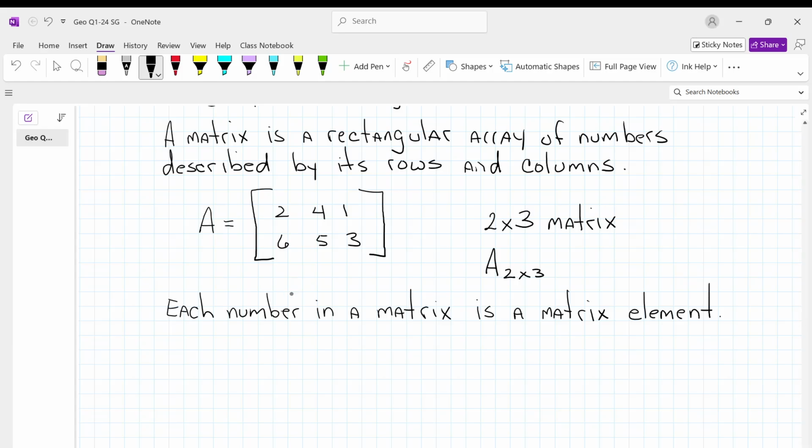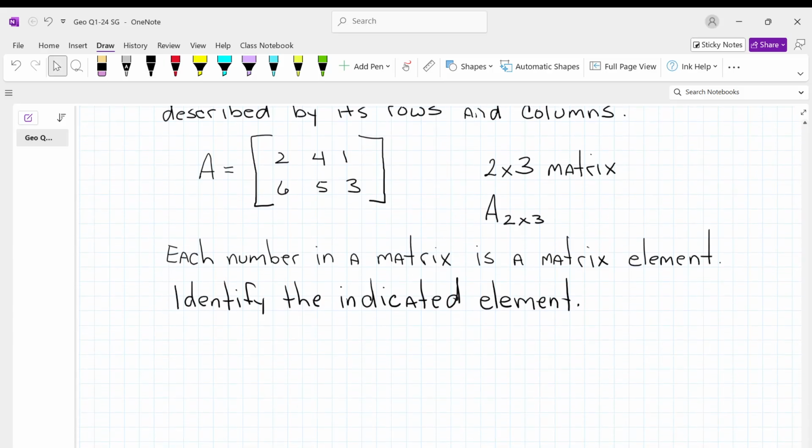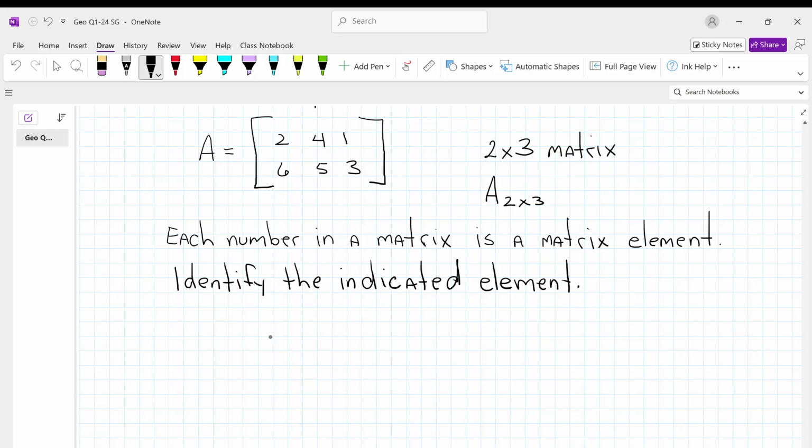If you were asked to identify the indicated element, and you are asked for element 1, 2, or A sub 1, 2, we're looking for the element in the first row, second column.